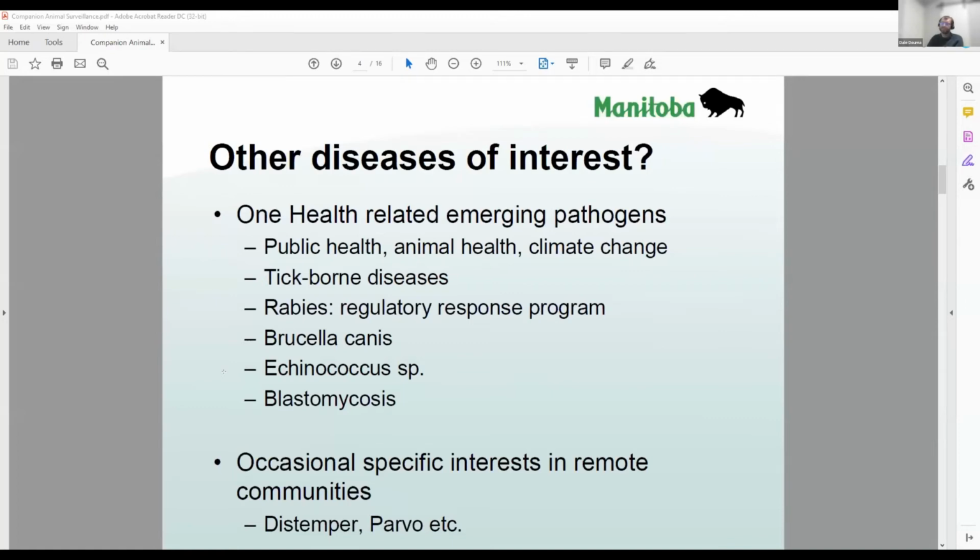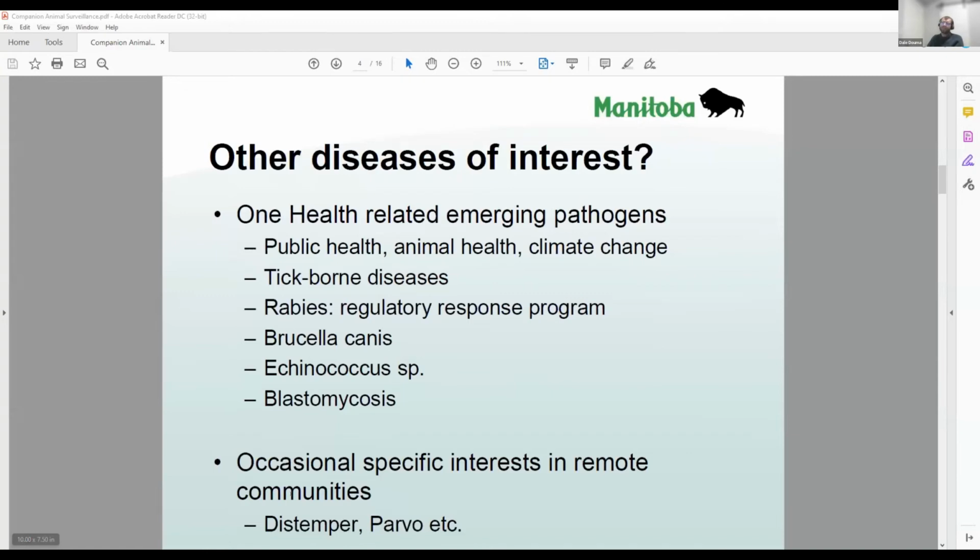Our Brucella canis case was one of our imported cases and happened to be owned by somebody with immunodeficient issues. So not an ideal situation, but public health asked us to engage on it, and so we've been providing support in that case.